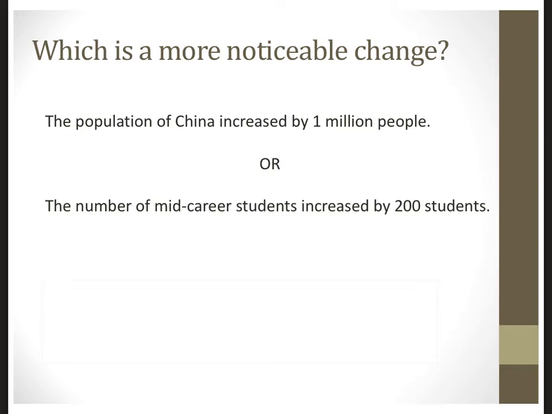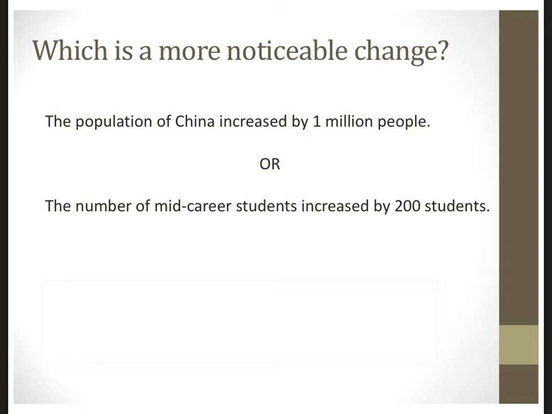But China's population is over 1 billion people, so an increase of 1 million really wouldn't be all that noticeable as compared to saying we have less than 200 mid-career students in the class this year, and so if you increased that total by 200, that would be way more noticeable. All of a sudden, we would have more than double the amount of mid-career students.